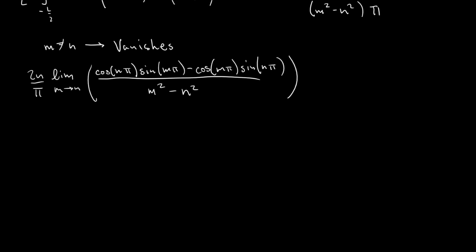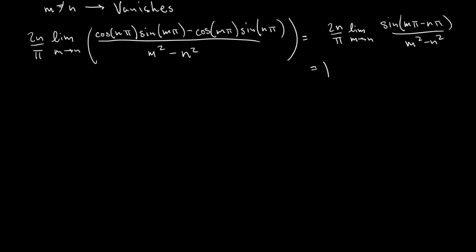We just Taylor expand n around m, all this stuff, and we get something like 2n over pi, limit as m goes to n, sine m pi minus n pi over m squared minus n squared. And just like before, we find, not super surprisingly, that this just gives me 1.